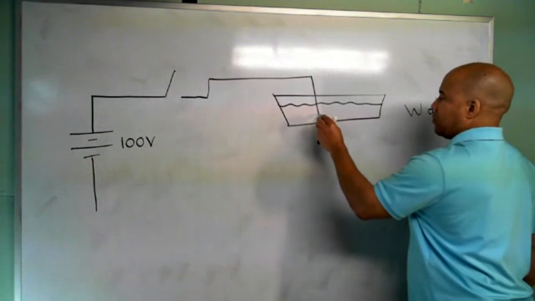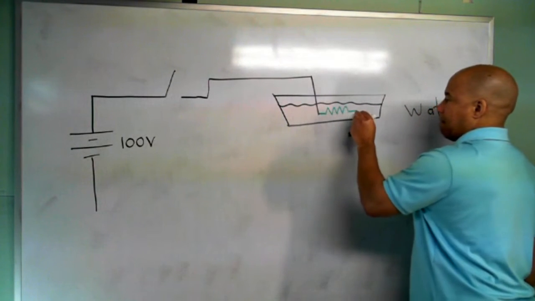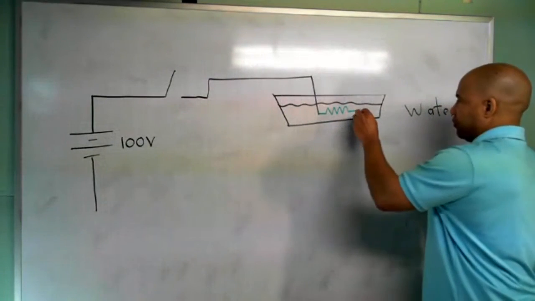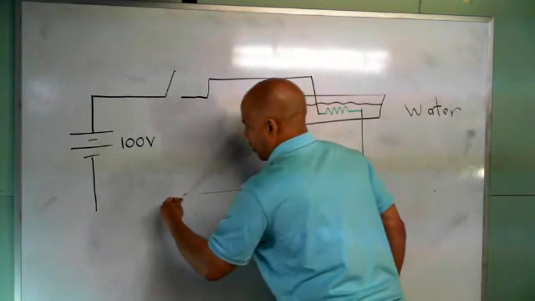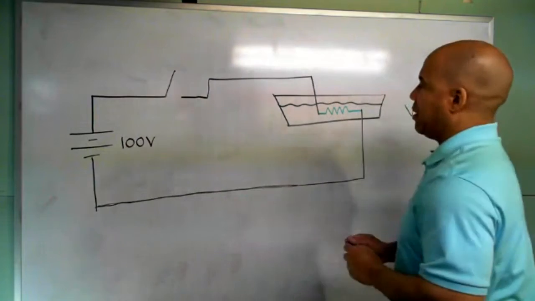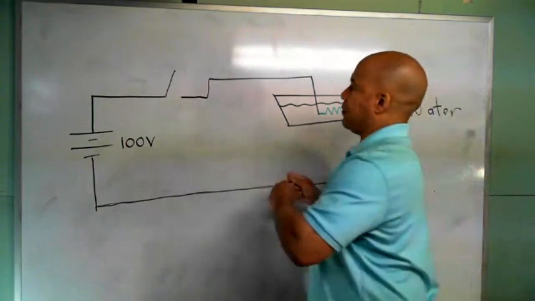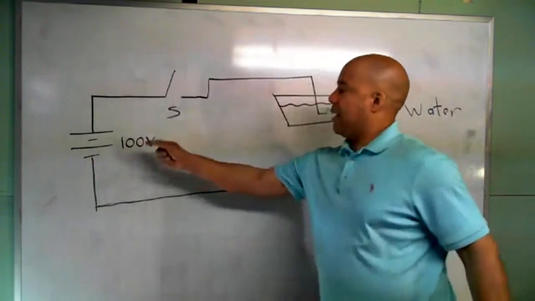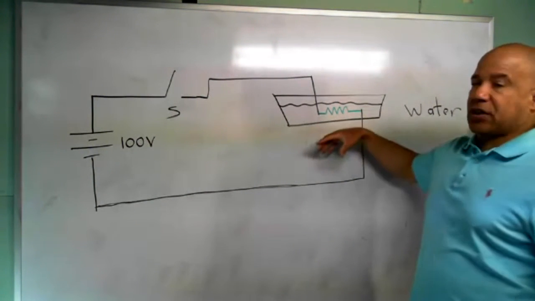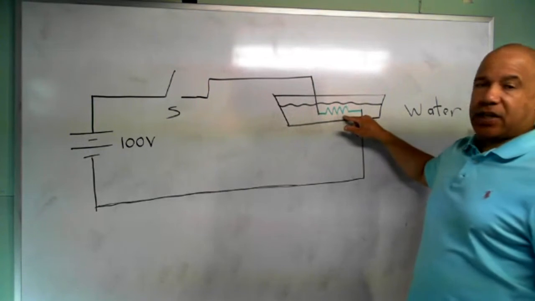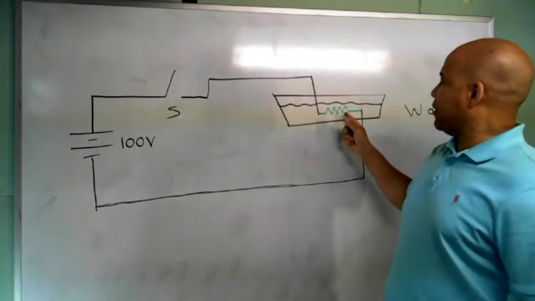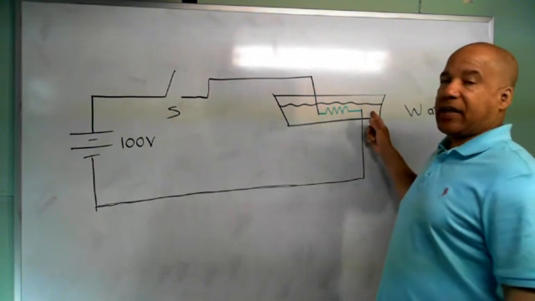We hook up the wire to it like this. So it's a pretty simple circuit. I got a switch, a power source of 100 volts, and a resistor. I connect wires up to it and stick it in some water. When I close the switch, current's going to flow in the circuit. That resistor is going to heat up, and that's going to heat the water up.